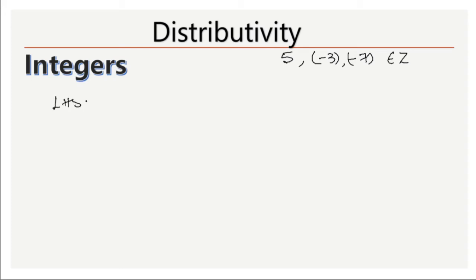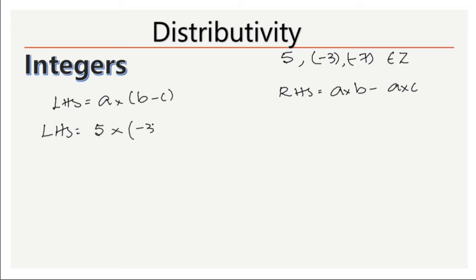So the left hand side is A into B minus C and the right hand side is A into B minus A into C. In the left hand side we need to substitute 5 into negative 3 minus of minus 7. In the right hand side we have positive 5 multiplied to negative 3 minus positive 5 multiplied to negative 7.